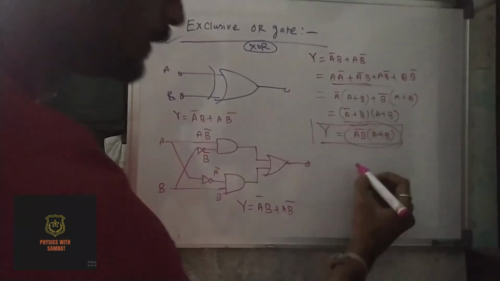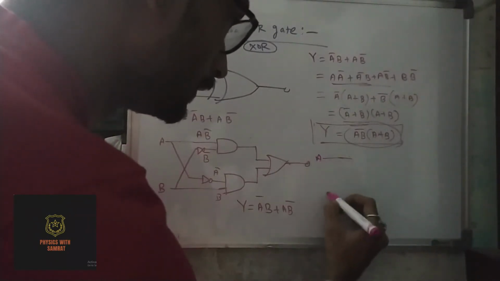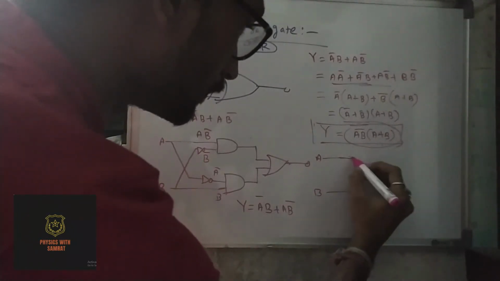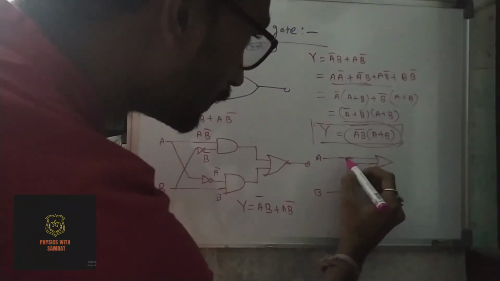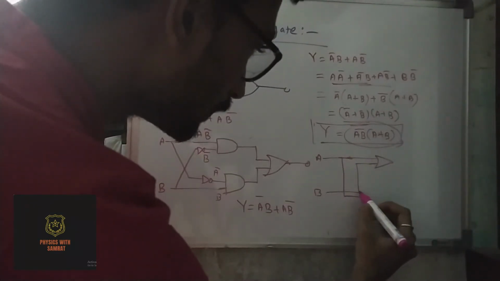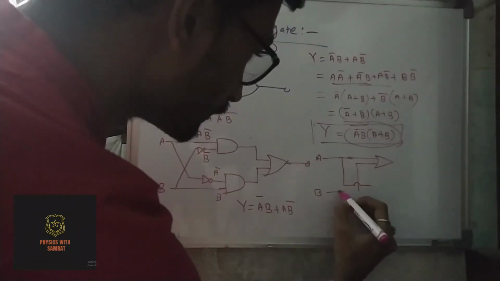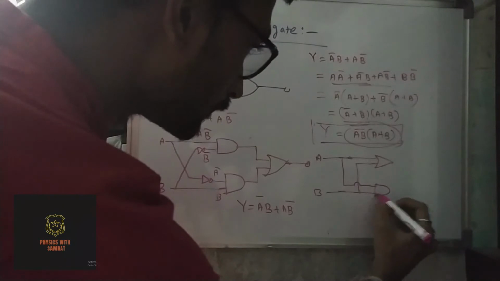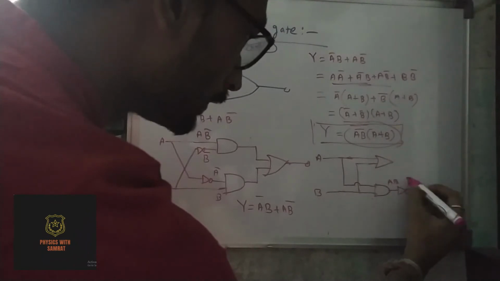Okay, and if we draw this, we get A, B. This is A B bar.